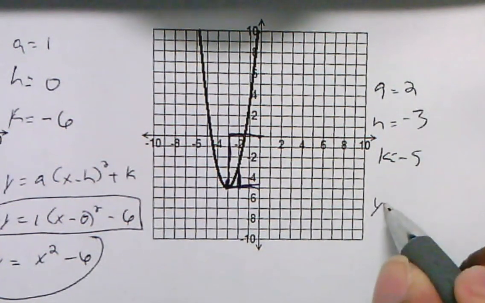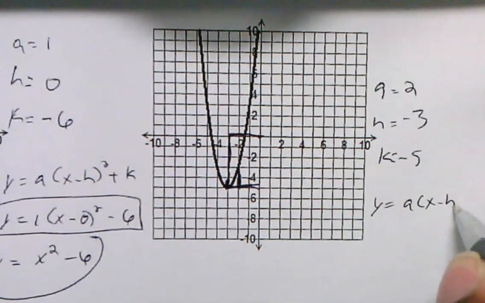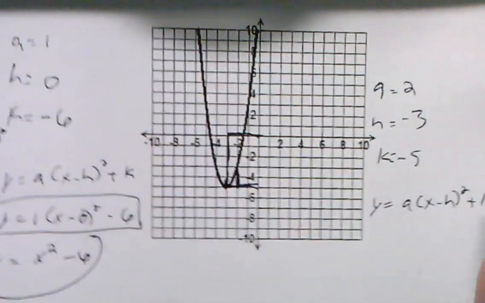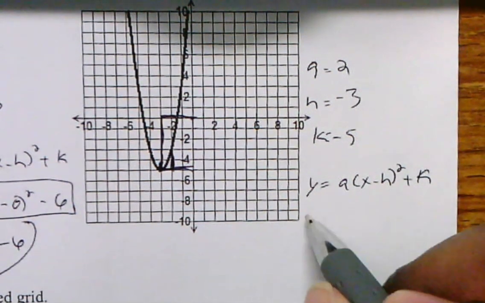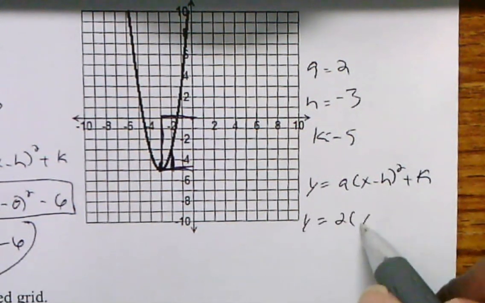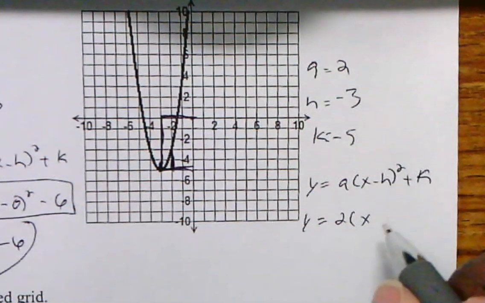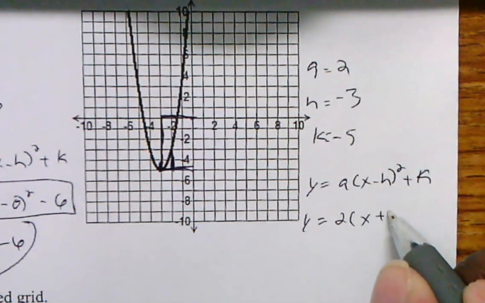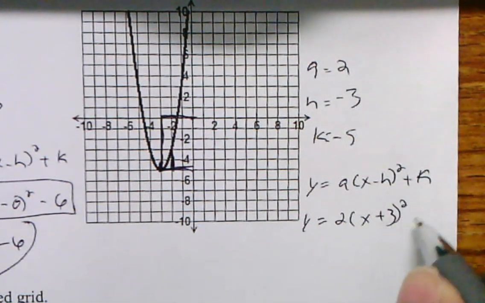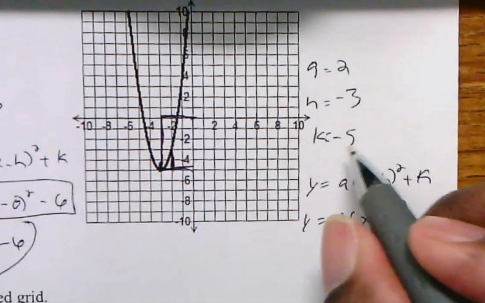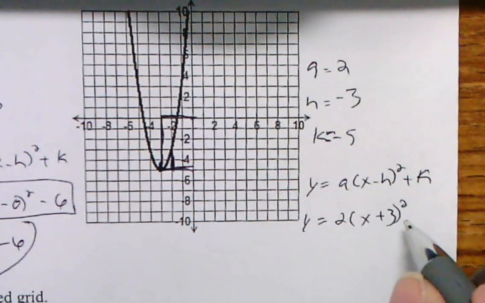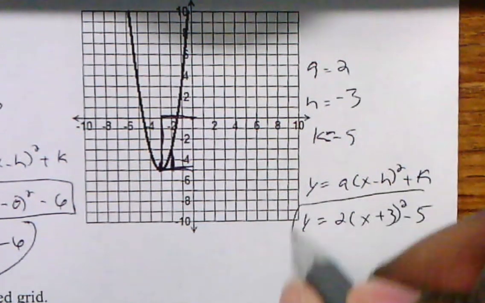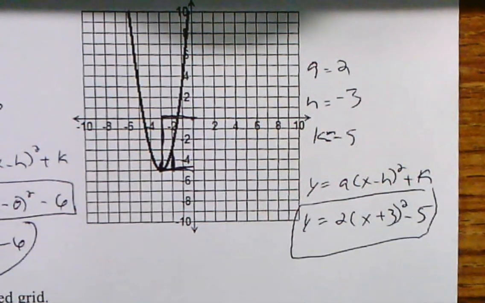So this equation would be A(x subtract H) squared plus K. This equation would be y equals 2(x plus 3) squared, because if you subtract a negative, I'm going to call it plus. And since K was negative, that's going to be subtract 5. And that's the equation for that graph.